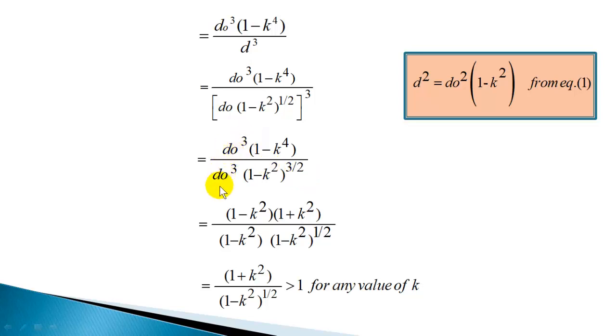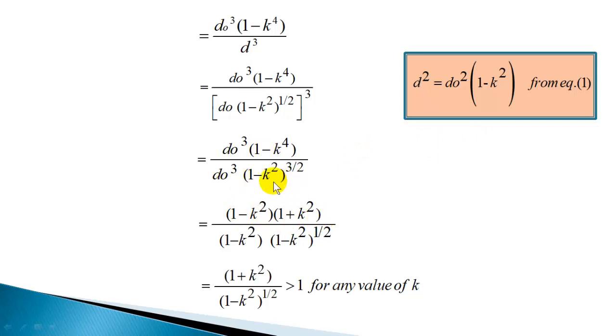Now d naught cube cancels. I can split 1 minus k to the power of 4 into 1 minus k square into 1 plus k square. This is in the form of a square minus b square, so you can write it as a minus b into a plus b. The same way I have written this as 1 minus k square into 1 plus k square.